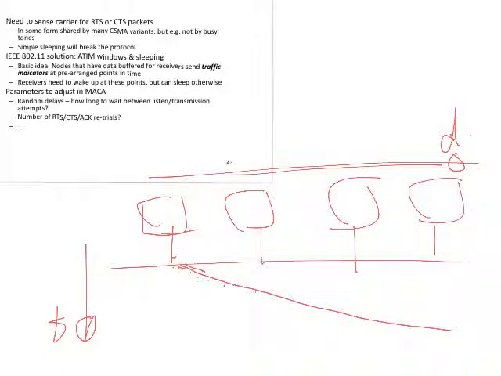So, throughout this time, the node that tries to listen to the channel may or may not know that this signal exists unless it senses for a specific time. For example, this node maybe senses for a time like this.